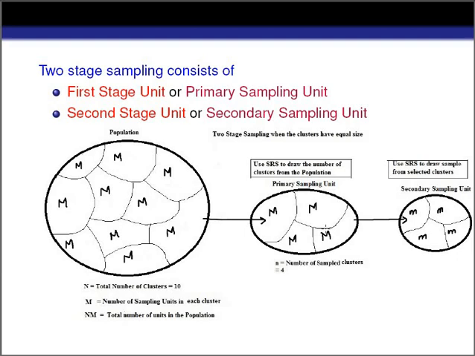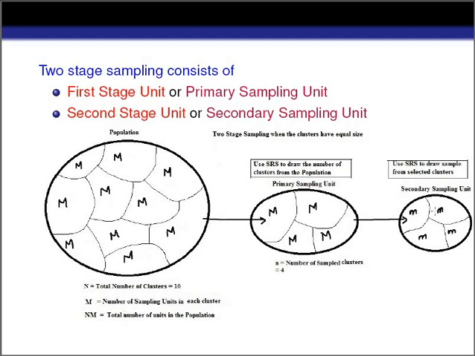Now what will we do? In one-stage sampling, we stop here. But in two-stage sampling, one more step is there. We again use simple random sampling to draw a sample from each of the selected clusters. These units are known as second stage units, whereas the earlier ones are first stage units.